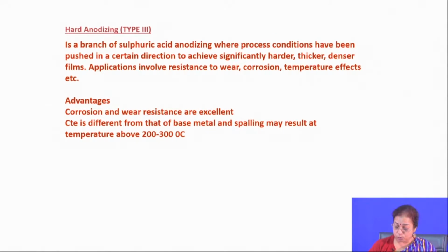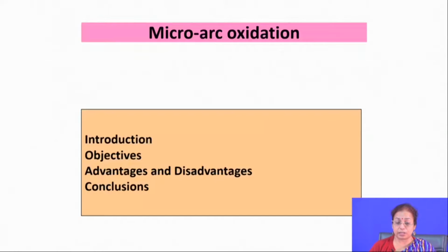So, in order to circumvent these three limitations, people have these days come up with another solution, that is the plasma electrolytic oxidation process, or micro arc oxidation process. This is a little bit of a tailoring of the anodization process, but because of that you get significantly increased hardness value.